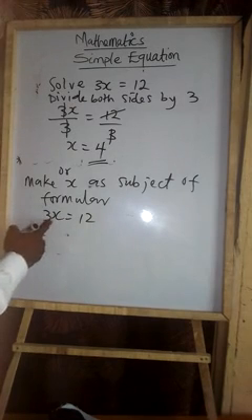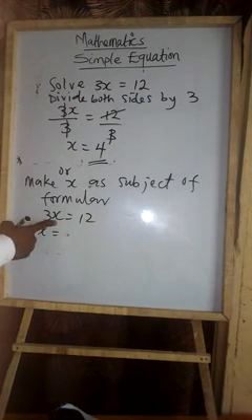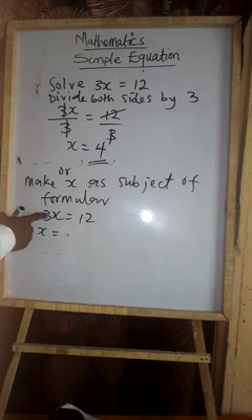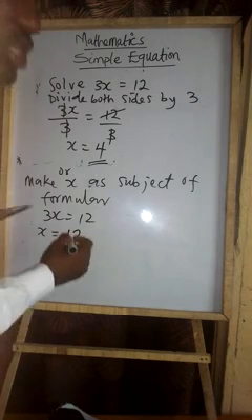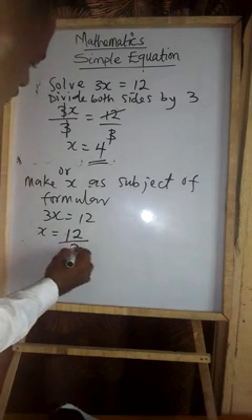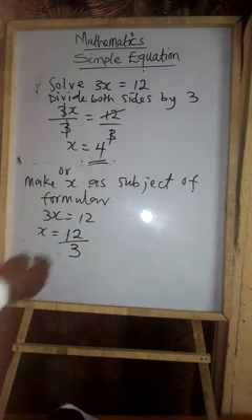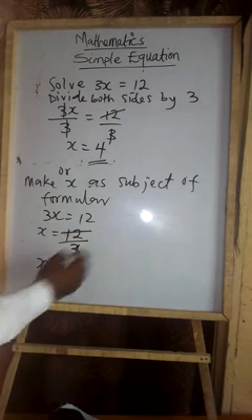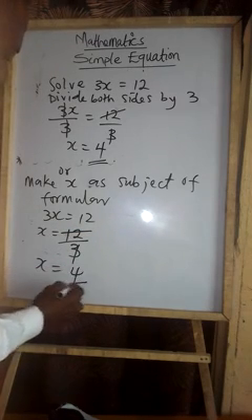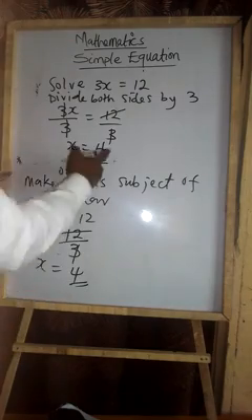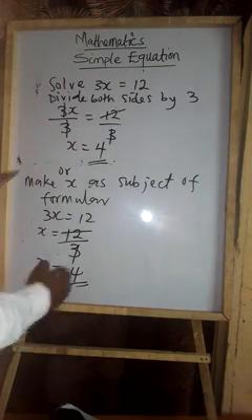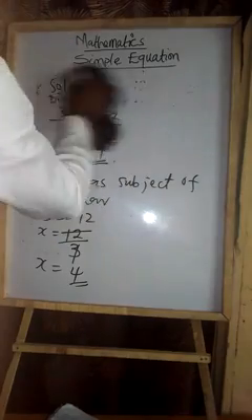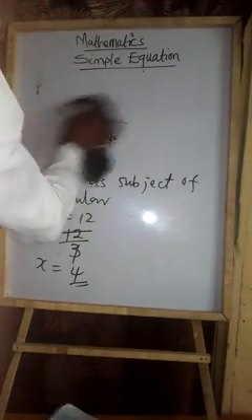When you make x a subject, the constant 3 here that's attached to the x goes to the denominator. So we have 3 as the denominator. If you cancel this, at the end of the day, you have 4. It's the same. It's similar to this. So let's try another one.